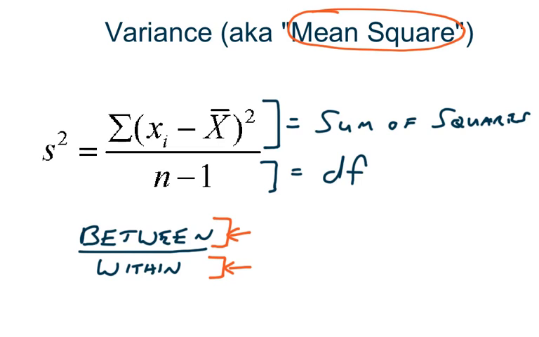So if the null hypothesis is true, they should be very similar, the between and the within variability, whereas if the null hypothesis is false, we should see not only individual differences affecting the between groups variability, but also the effect of our independent variable. So the numerator will be larger than the denominator.